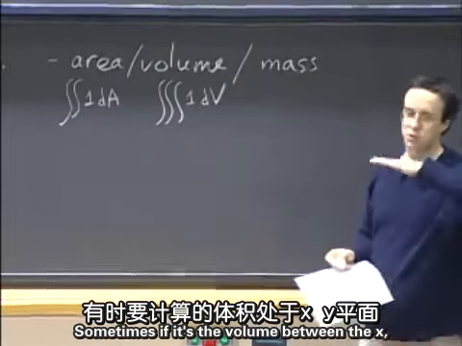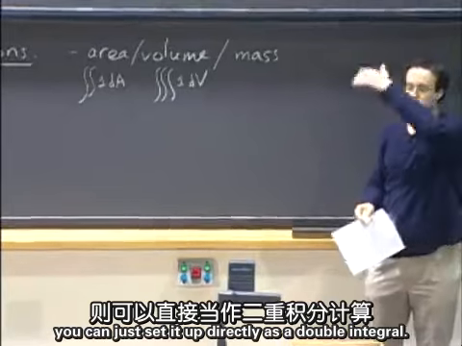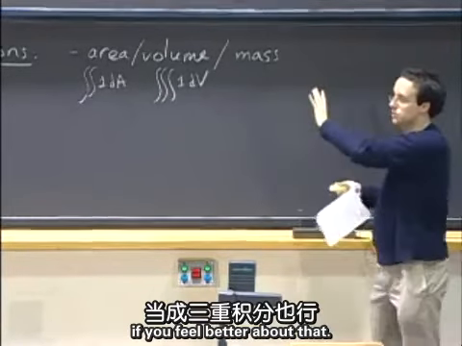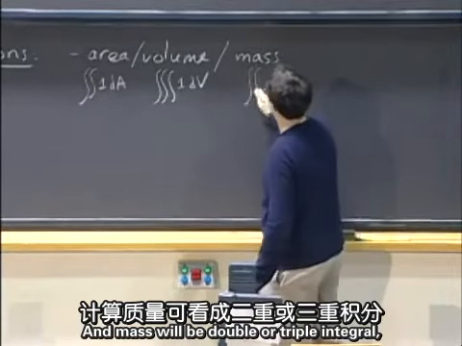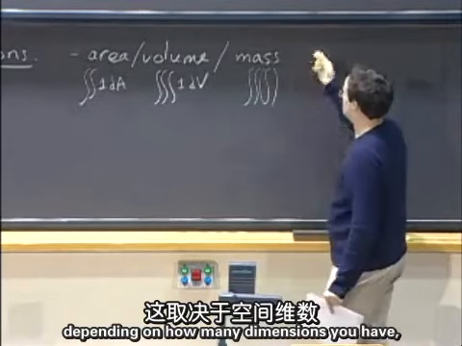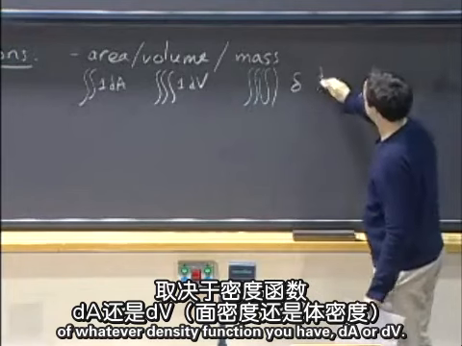Sometimes, if it's a volume between the xy plane and the graph of some function, you can just set it up directly as a double integral. But there's no harm in doing it as a triple integral if you feel better about that. And mass will be the double or triple integral, depending on how many dimensions you have, of whatever density function you have, dA or dV.